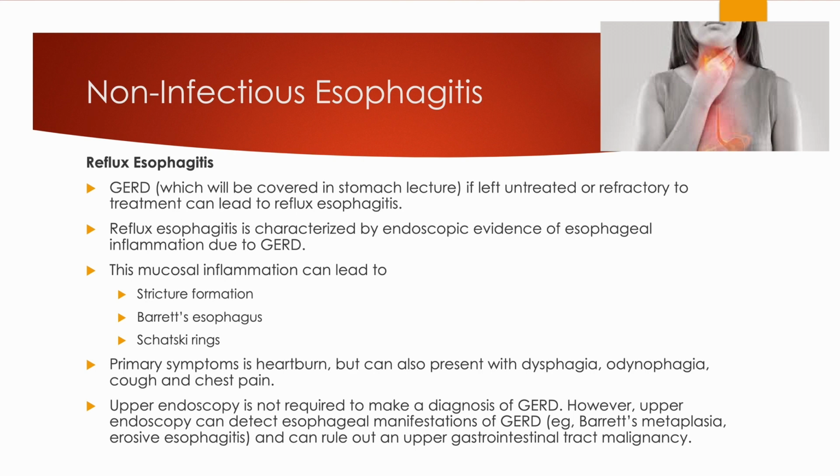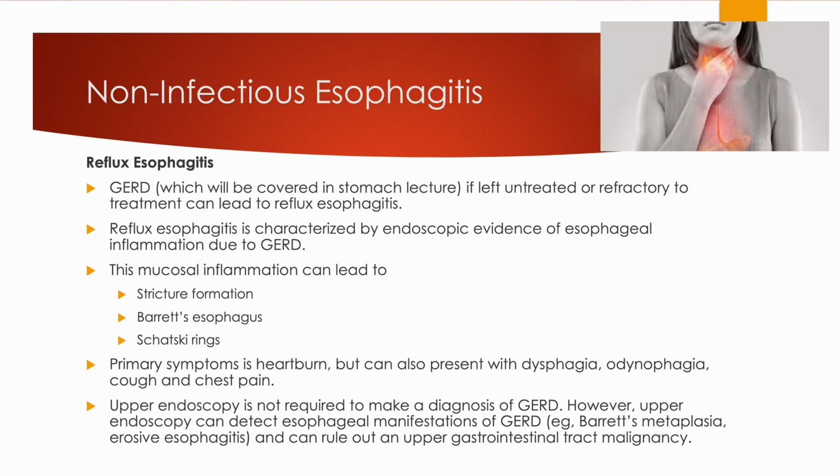And so we get spillage of stomach acid up out of the stomach and into the esophagus. If you can imagine acid in an area that's not supposed to withstand acid, the esophagus doesn't have the cells that help protect it from stomach acid. So you get this inflammation due to GERD.